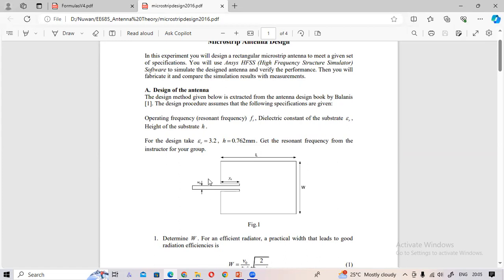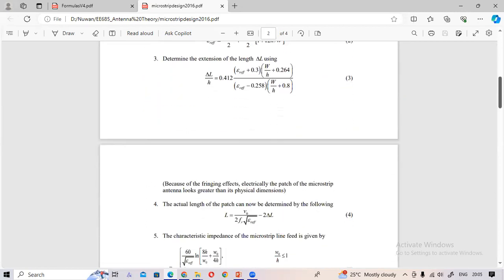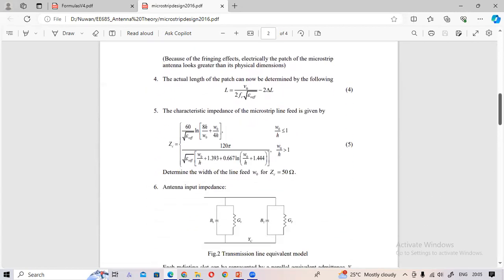It may be 50, it may be 100, anything. Let's say that you are asked to make this antenna for an input impedance of 50 ohm. Then to feed the signal to the antenna, you need to have a 50 ohm microstrip line. Previous week we discussed how to calculate this.